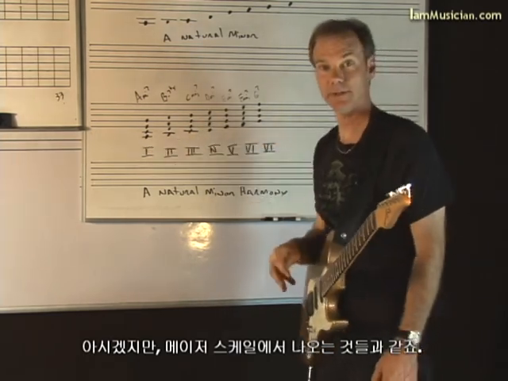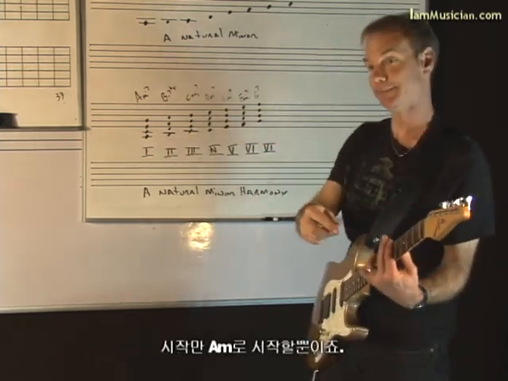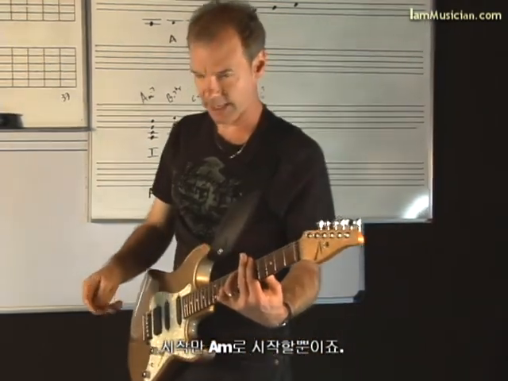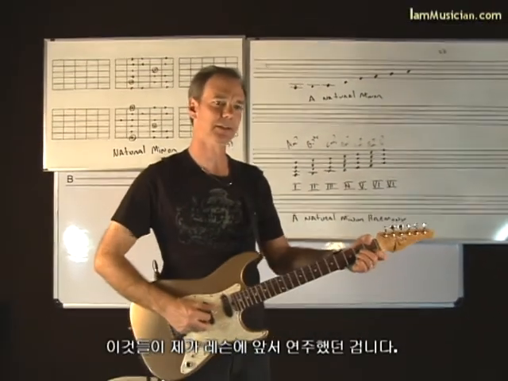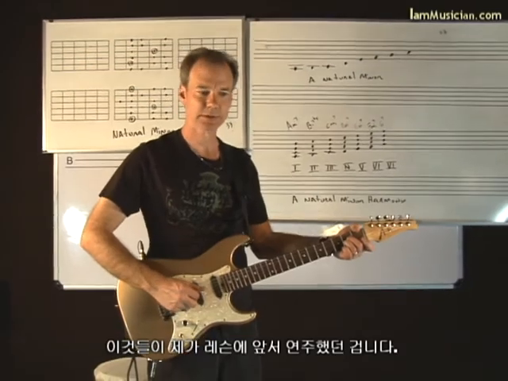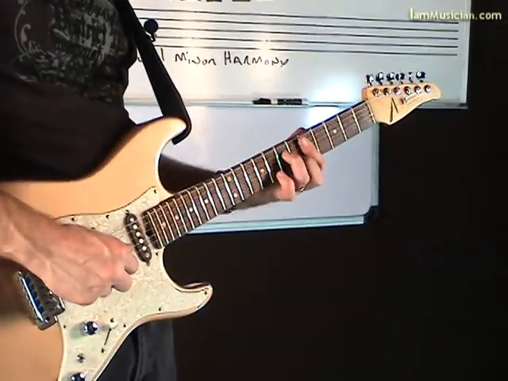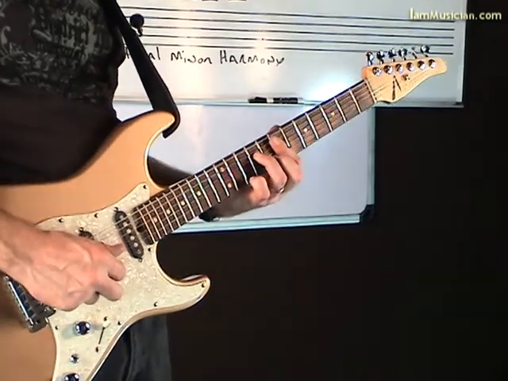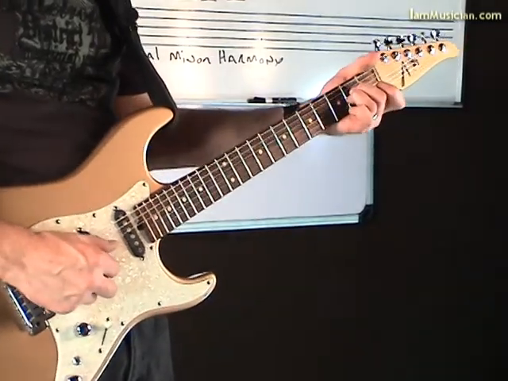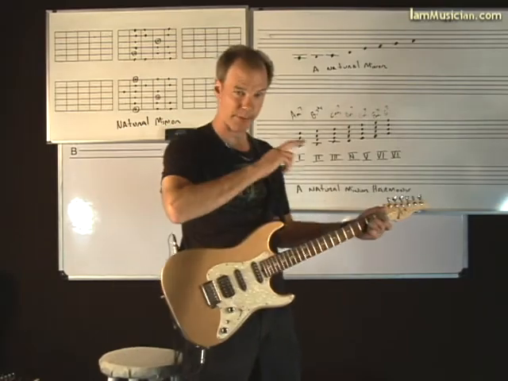However, starting from the 6th degree and calling that the 1, it becomes A minor. That's kind of what I was messing around with at the beginning of the lesson. I was playing these chords. Not exactly that, but that's what it would sound like if I was straight in the key.